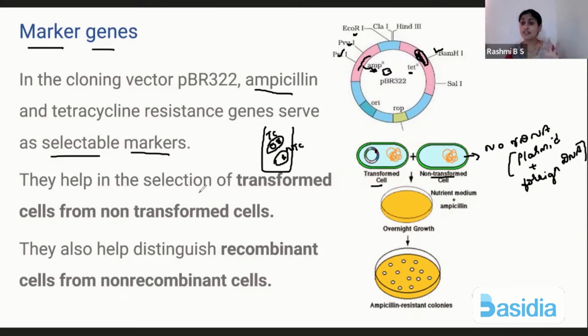So you have a mixture of these two. Now, which one do you want to take up for your experiment? Would you like to take up only transformed cells, or both transformed and non-transformed cells? Which one would you like to take up? Come on.